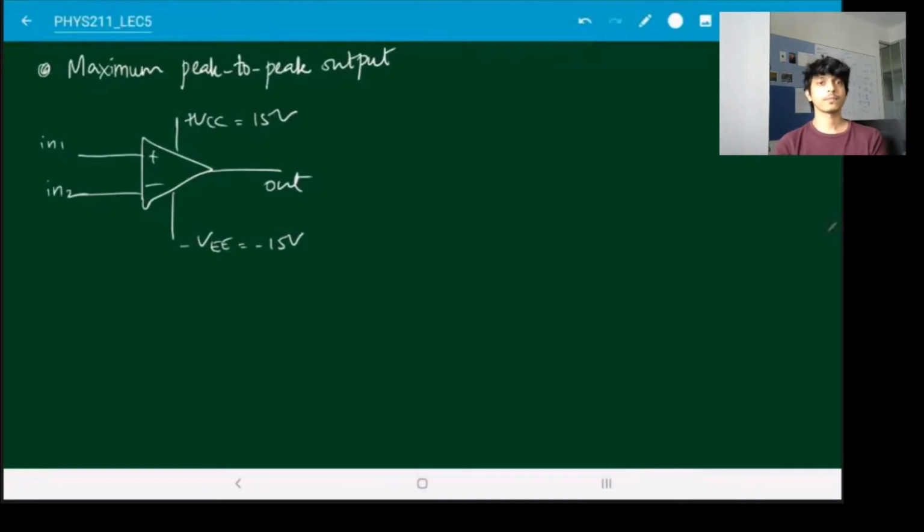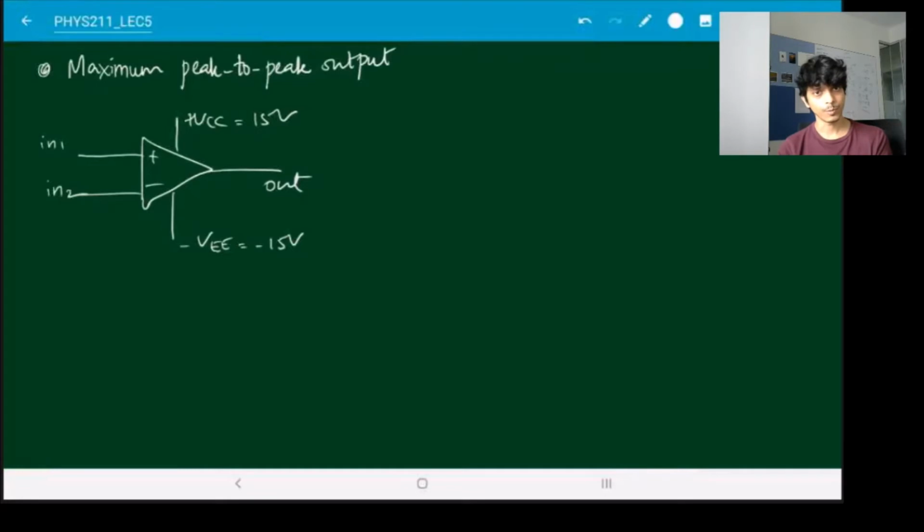Now, like everything else in physics, this is not magic. This op-amp is not a magical device. We are using these electronic circuits to amplify our signals, but there's always conservation of energy to stop us. So you cannot expect that if you ask for a gain of like 100,000, you will get a gain of 100,000 without giving it some input.